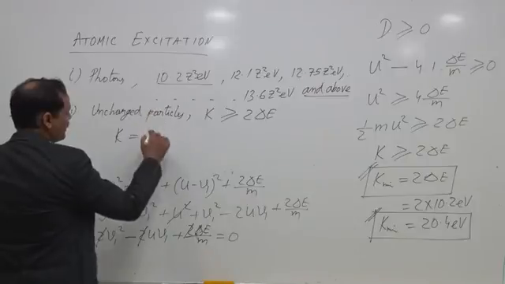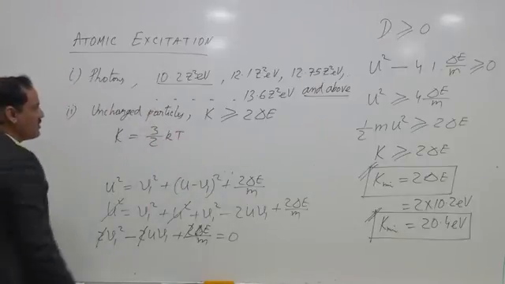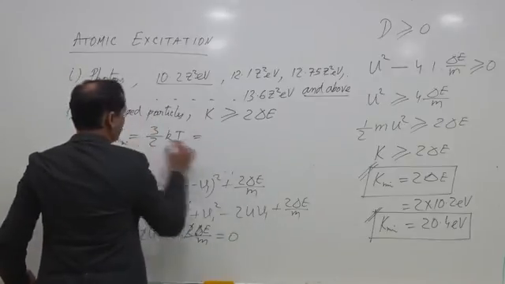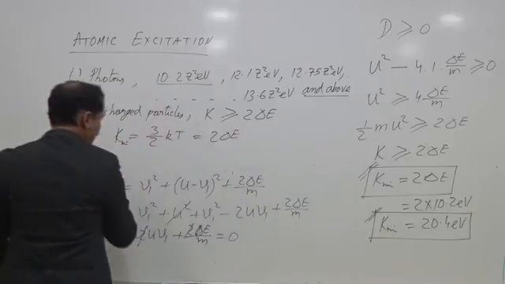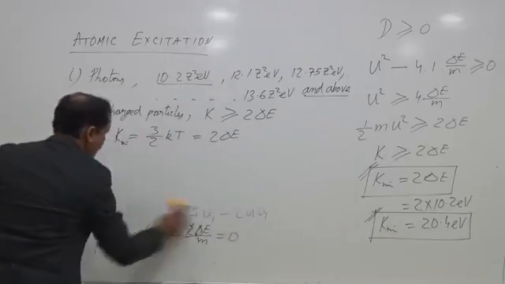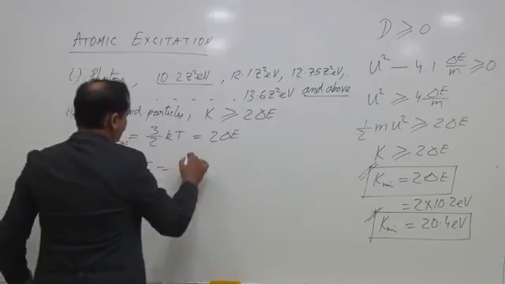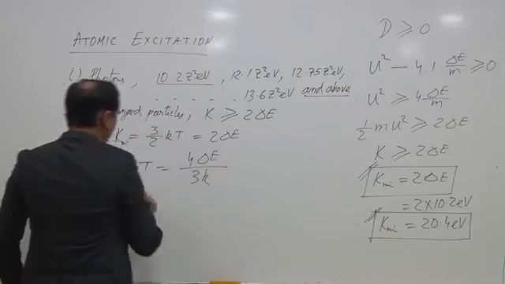Kinetic energy of a gaseous state we know is 3 by 2 kT, where k is the Boltzmann constant. That is equal to, for minimum, 2 delta E, so from here we have T is equal to 4 delta E by 3k.